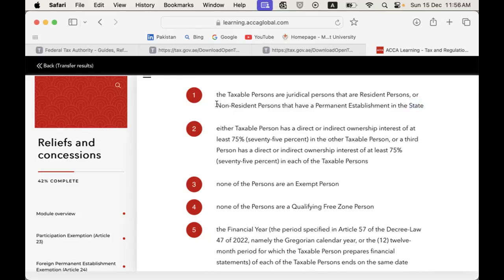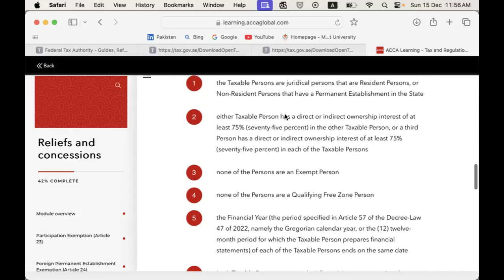We are talking about that non-resident person because if you look at the trade license of the branch itself, what is written there is the name of that non-resident person and then the word branch. So that non-resident person has a presence in the UAE. The branch is an extension of that non-resident. Exactly. You're right.